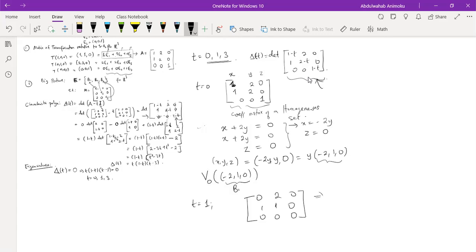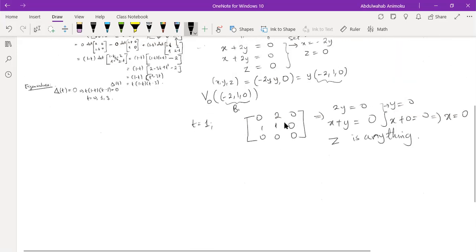So this gives us that 2y must be equal to 0, x plus y must be equal to 0, and then there's no condition on z. So this means y is equal to 0 from here. Now, if y is 0, it means that x plus 0 must be equal to 0, which means x is also 0. And z is a free variable. It's anything, basically. There's no condition on z. Okay.